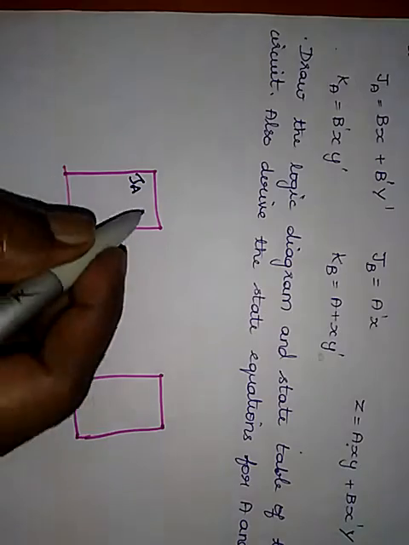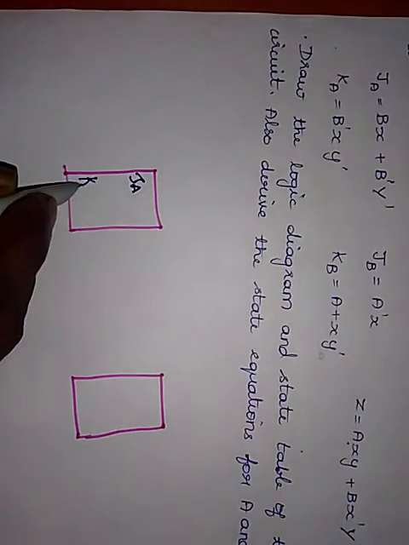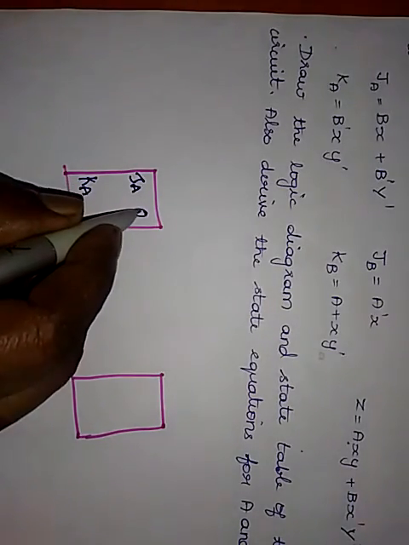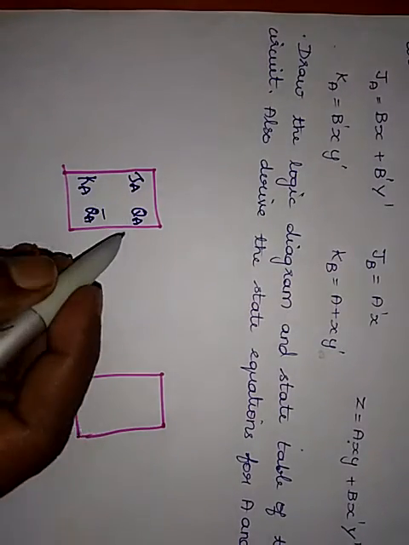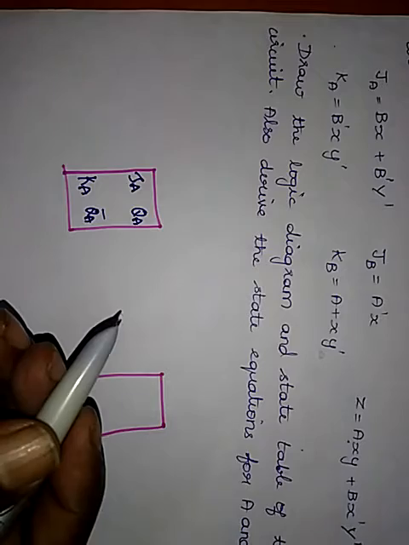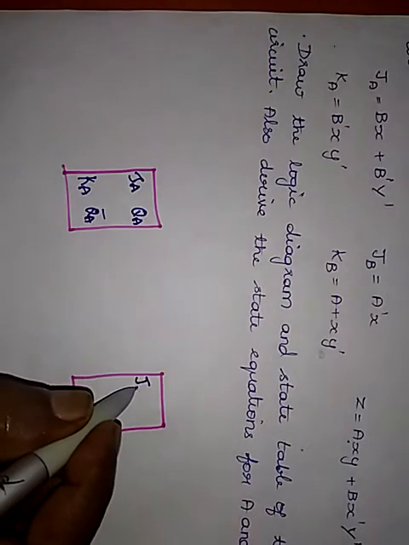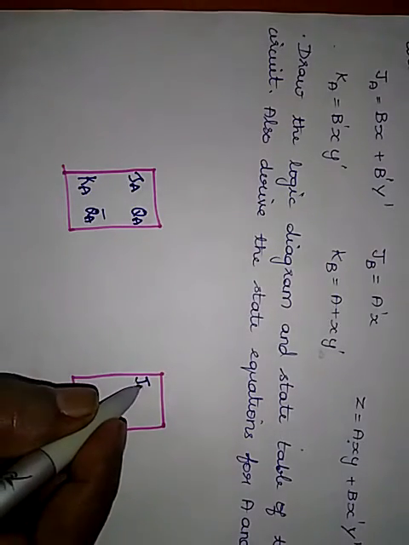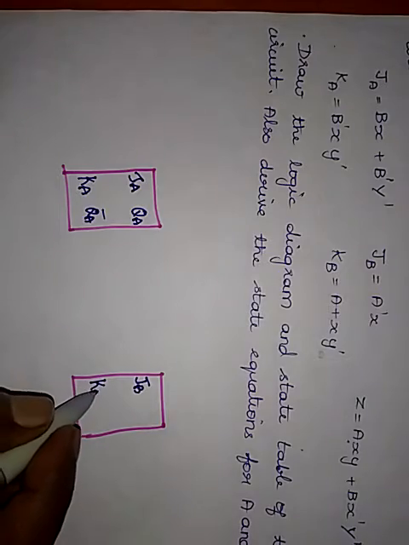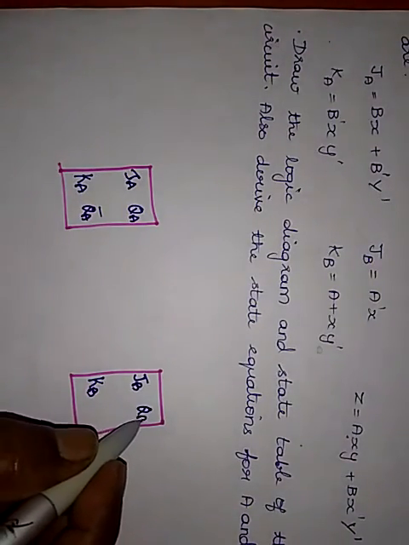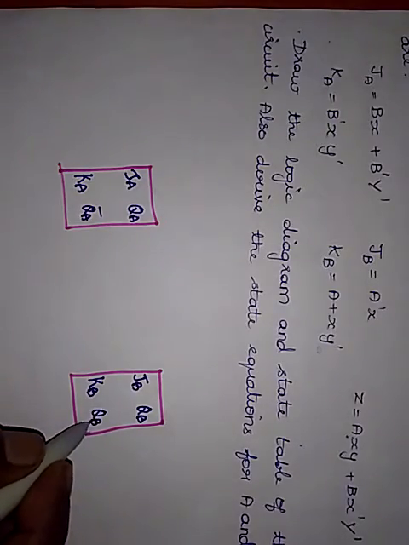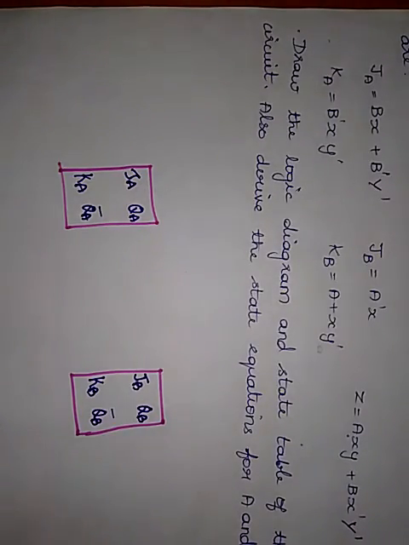So JA, this is A flip-flop, JA, KA. This is QA, QA bar. This is output of the JK flip-flop. Similarly, this is JK flip-flop B, JB, KB, QB, QB bar. That is, it is a complement of QB.